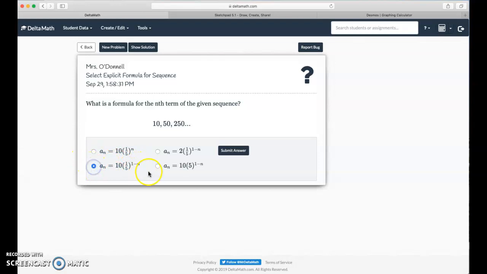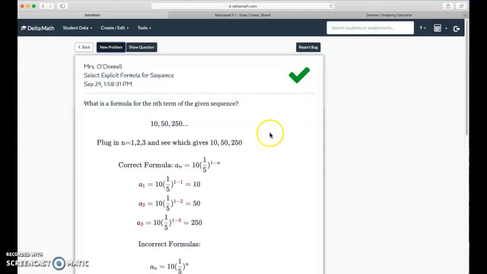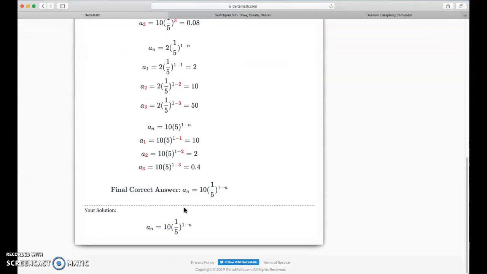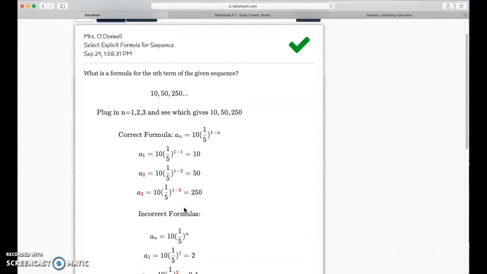I'm going to go with this guy right here. Let's click submit. I did that by plugging and chugging and knowing my exponent properties. Okay, they gave it to us in a challenging way, but we still persevered through that problem.